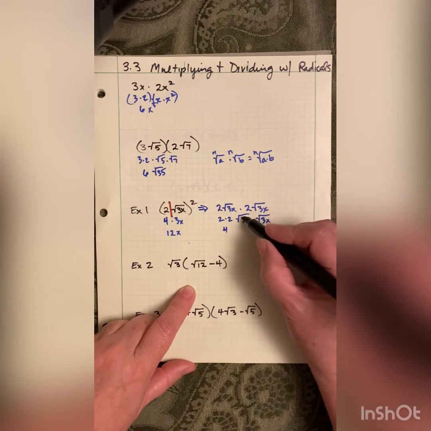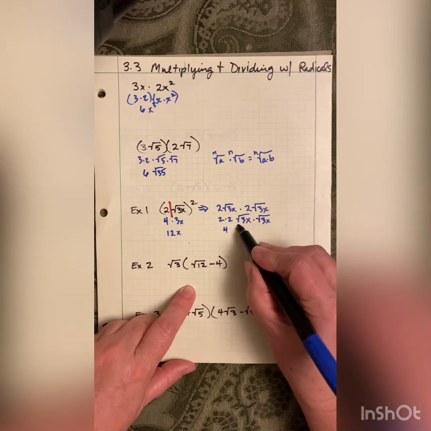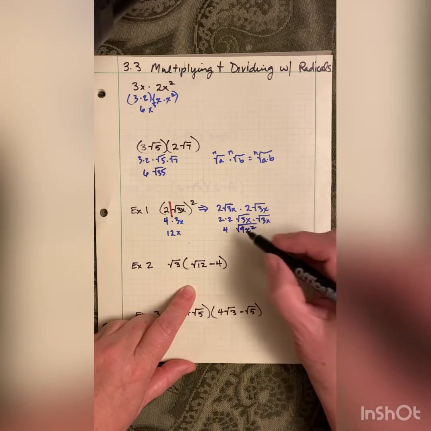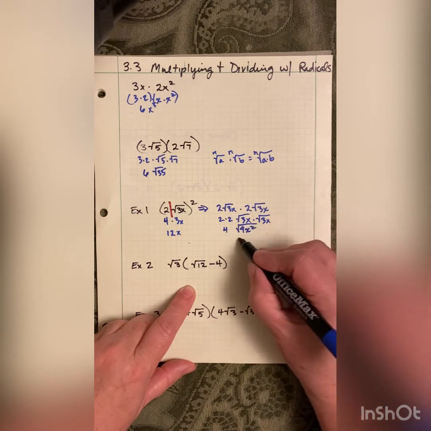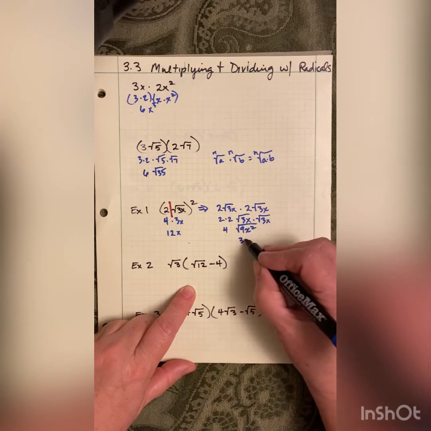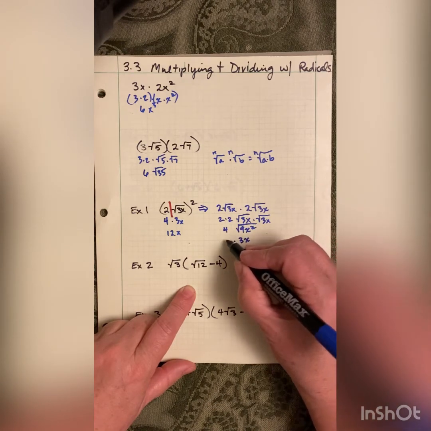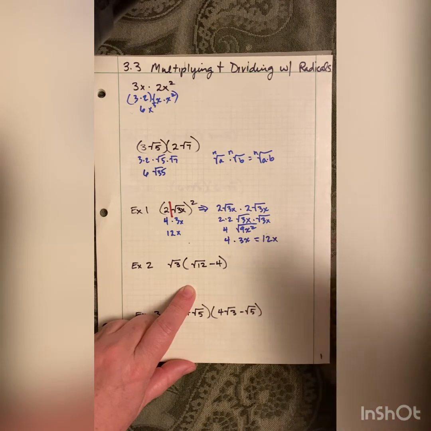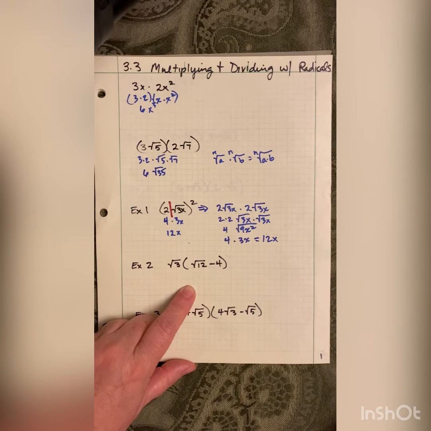Then square root of 3x times square root of 3x would give me the square root of 9x squared. And square root of 9 is a 3. Square root of x squared is x. I still have that 4 over there, and that would give me a 12x when I multiply that together.